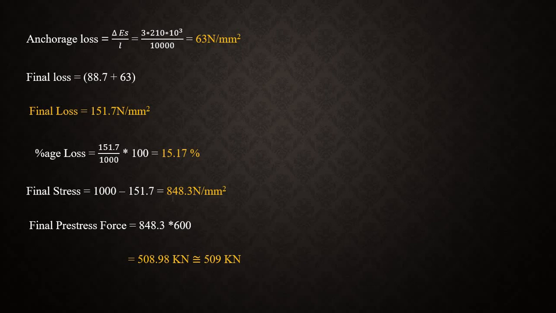Final stress is 848.3 into the area of the cable, which is 600. So the final pre-stress force is 509 kilonewton. Hope you have understood. Like this, we should calculate the final pre-stress force. Thank you.